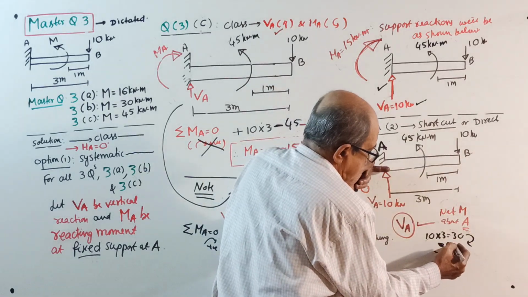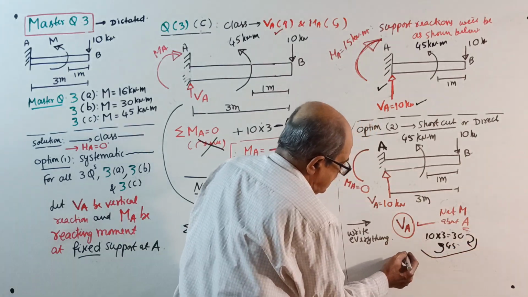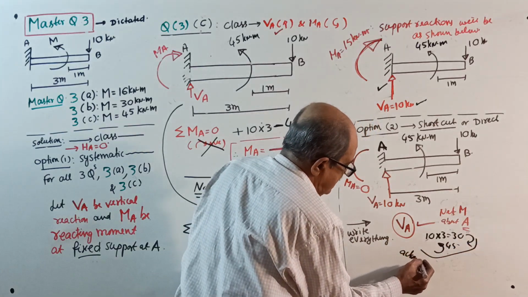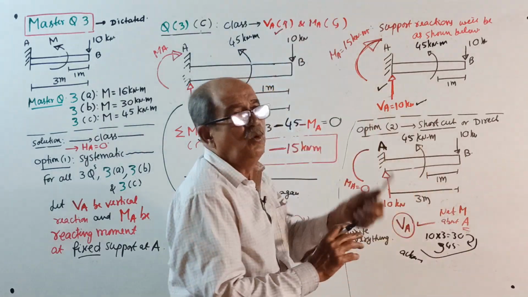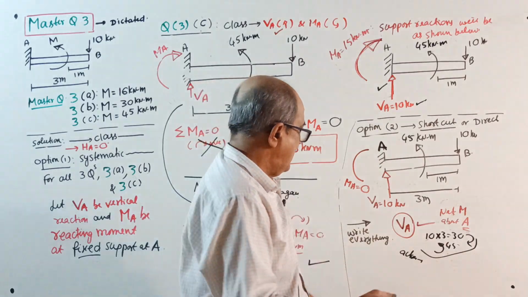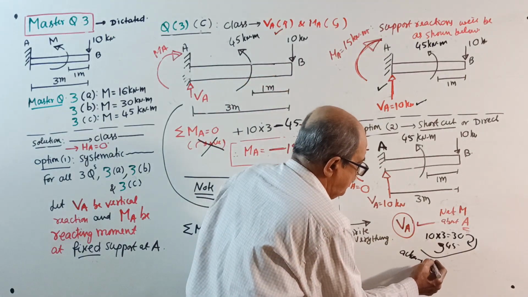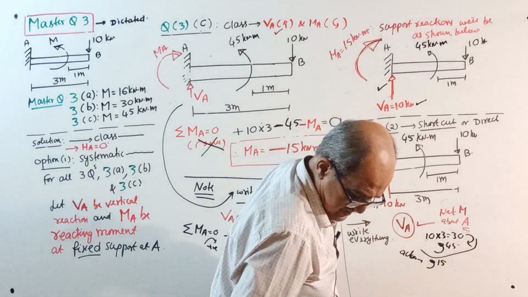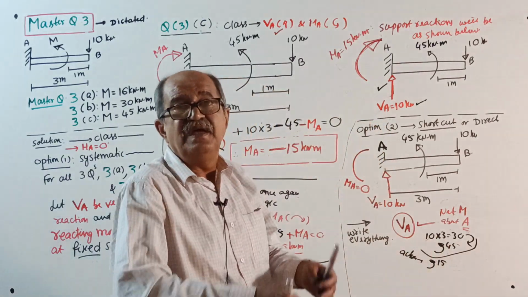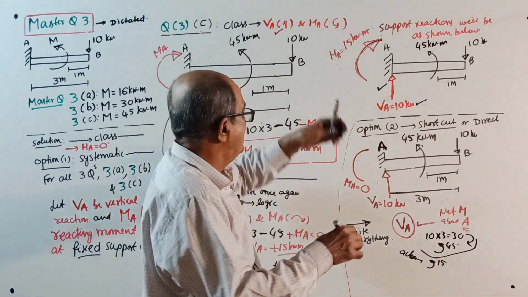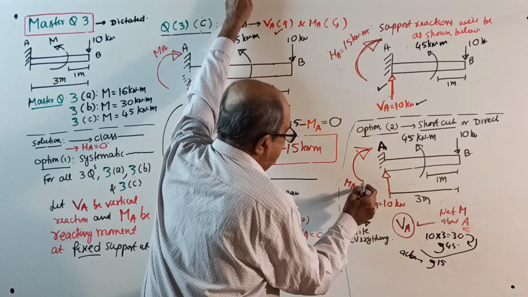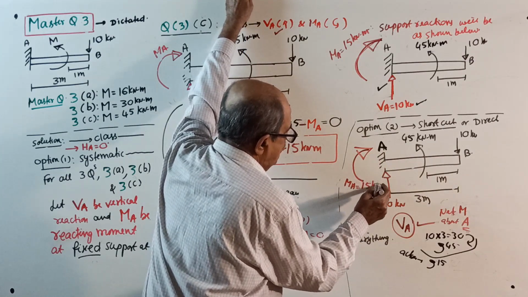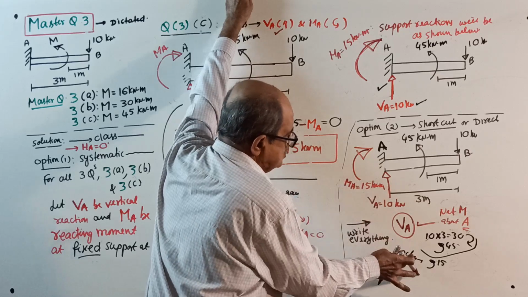No multiplying, 45. Therefore, the action will be clockwise 30, anti-clockwise 45. So net action is anti-clockwise of 15. Since the net action is anti-clockwise 15, the reaction will be clockwise of 15 kilonewton meter. This is the shortcut answer.